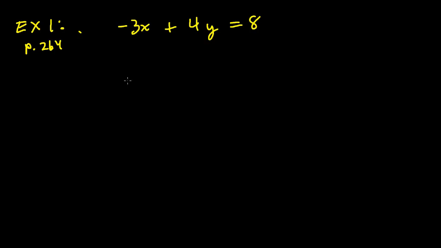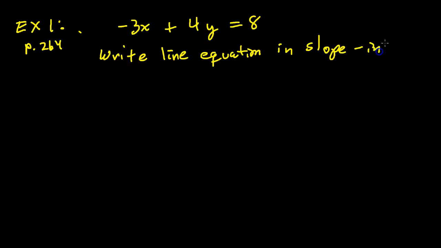Standard form. All right, the book asks us to write the equation of the line in slope-intercept form. And I'll abbreviate that as slope-int form, if that's all right. Write the line equation in slope-intercept form.